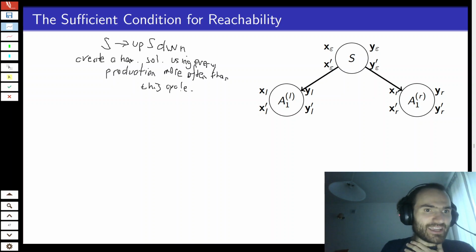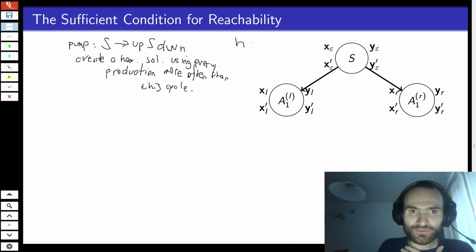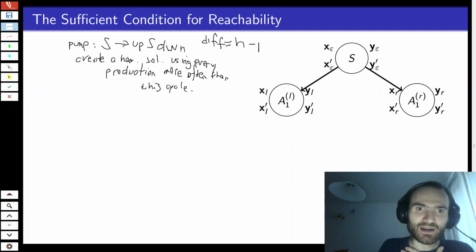And now this is the main trick. So we have our H, and here we have our pump. And now H uses every production more often than the pump. So what do we do? Well, we define diff by just taking H minus pump.